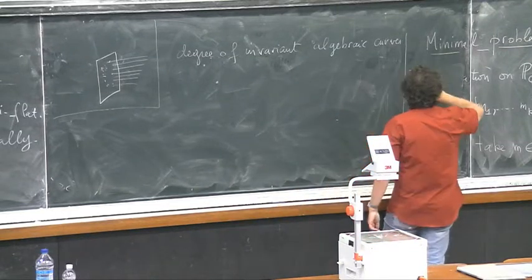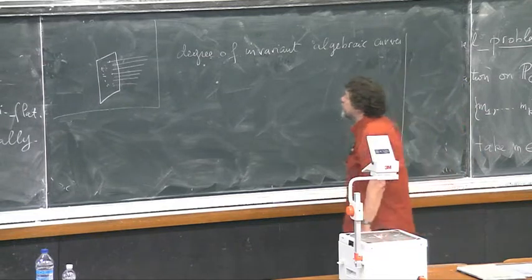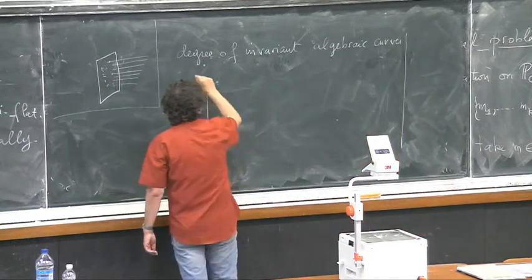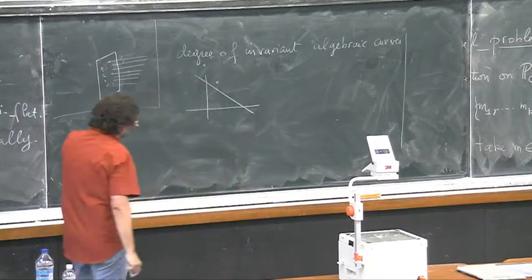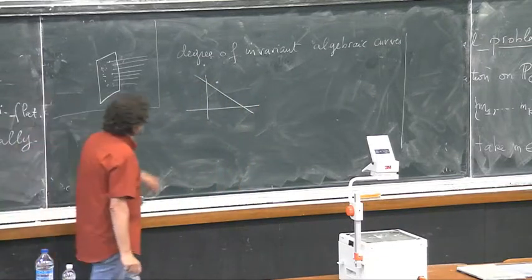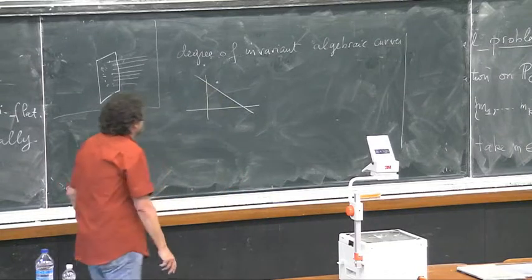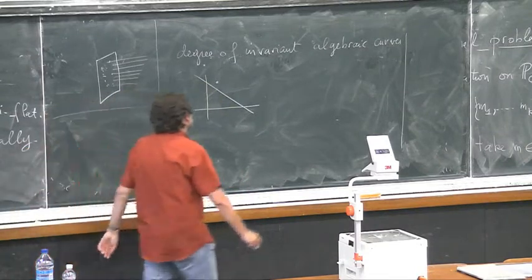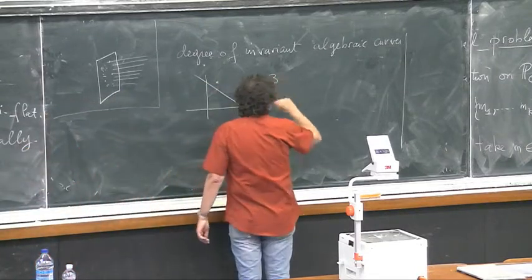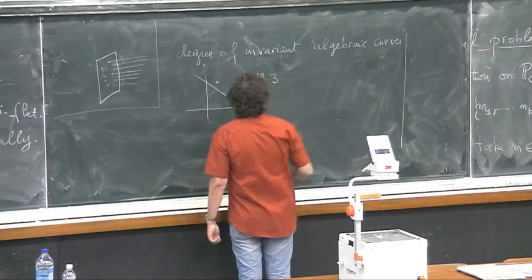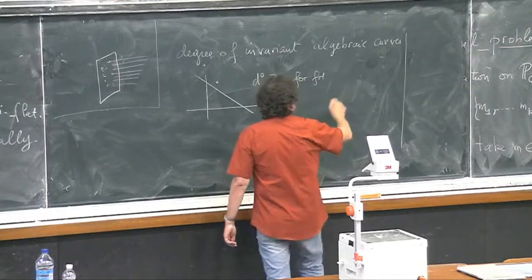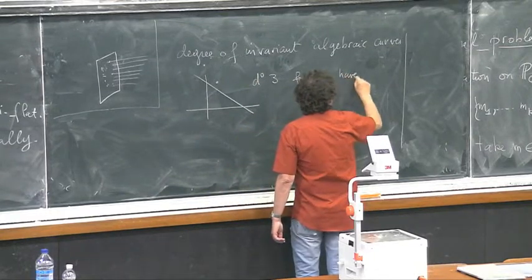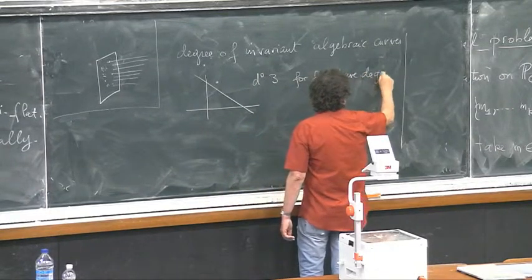Recall that in the linear case, which is of degree 1, generically you have 3 lines, and the 3 lines define a curve of degree 3, which is not irreducible. And the foliations are of degree 1.